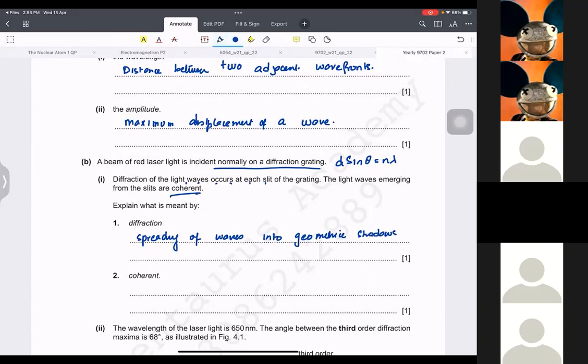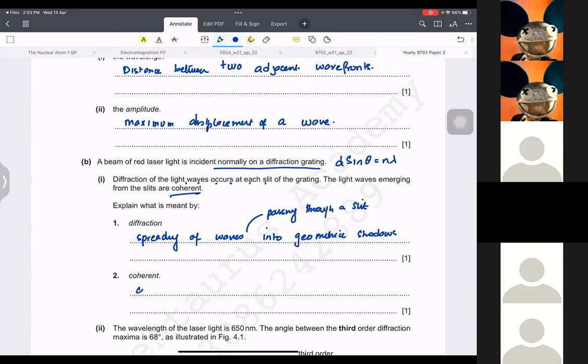Spreading of waves when incident on a gap or edge is correct, but for 1 mark. For 2 marks you should also write into geometric shadows, right? So I'm writing it in full: spreading of waves passing through a slit.